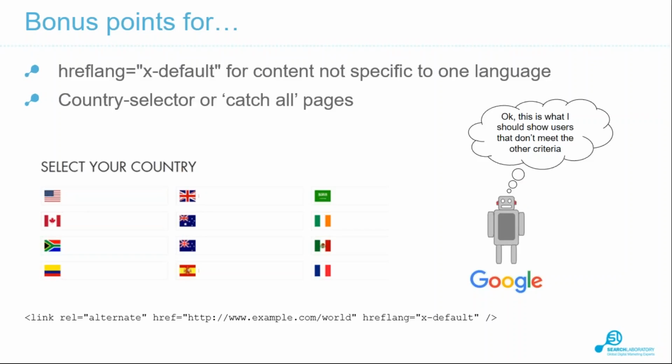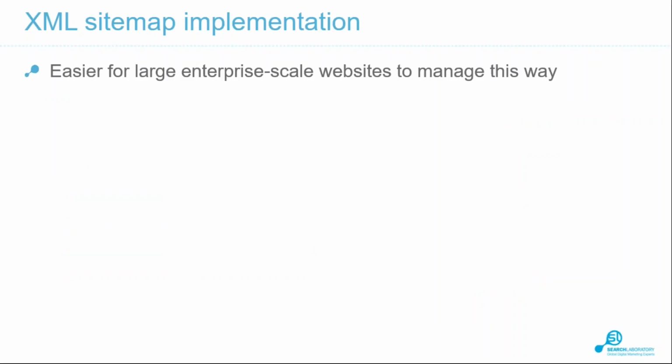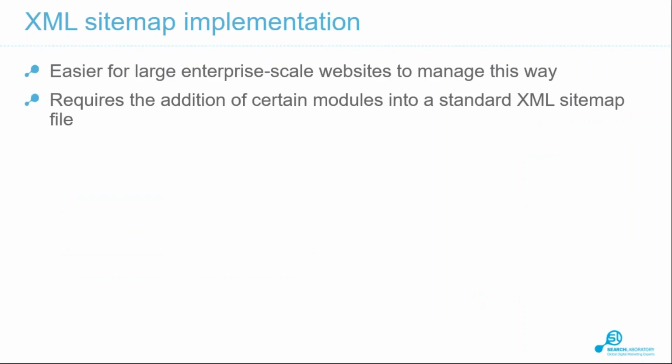I'm just going to touch upon just slightly on the XML sitemap implementation. Now we've found this a lot more popular for sort of larger and enterprise scale websites because it's much easier to manage and really understand exactly how the hreflang is implemented and not have to go into each individual page and apply it at that kind of level. It basically requires the addition of certain modules within a regular XML sitemap file.